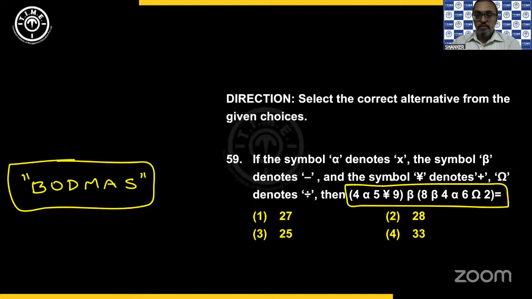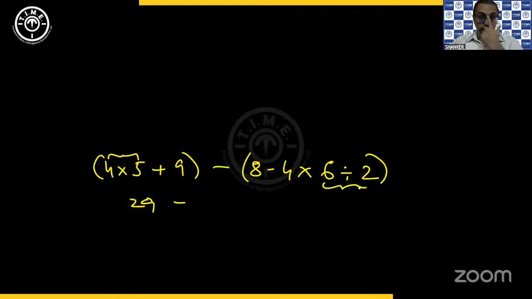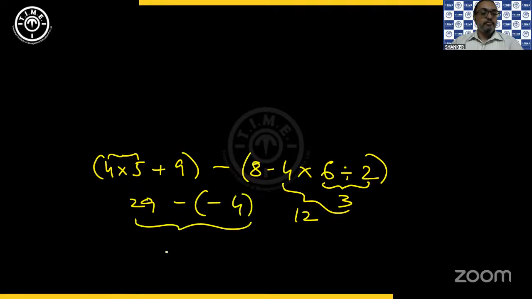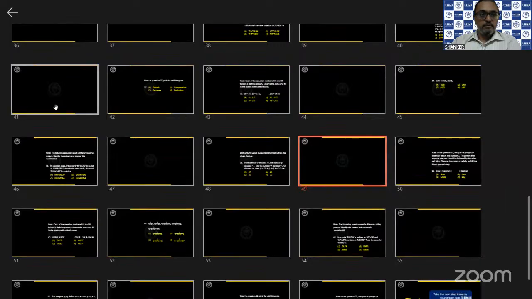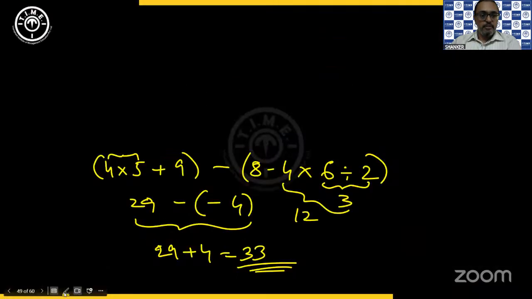Divide by 2. Okay, so first is division, you get a 3. Then multiplication, which is 12. So then you have 8 minus 12. It is negative 4. So basically 29 plus 4, correct? Which is going to be 33. That is the answer we pick.